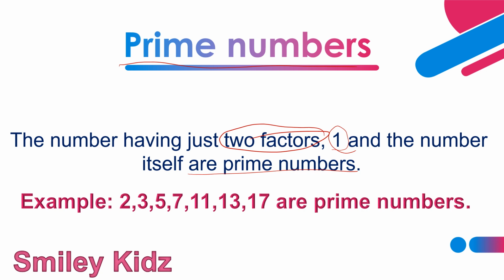So let's take 7. 7 has only two factors 1 and the number itself which is 7. So 7 is a prime number.